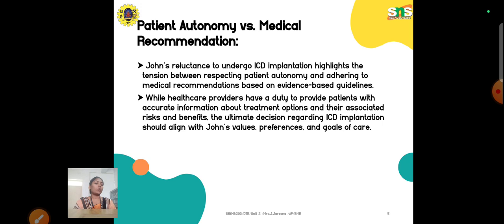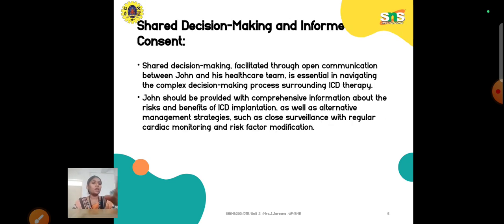So the doctor is doing that part by explaining all the medical recommendations, even though John is not ready to accept this ICD implantation. Anyway, the ultimate decision should be aligned with John's values, preferences, and goals of care. And second, the healthcare providers should also respect the patient's beliefs and values.